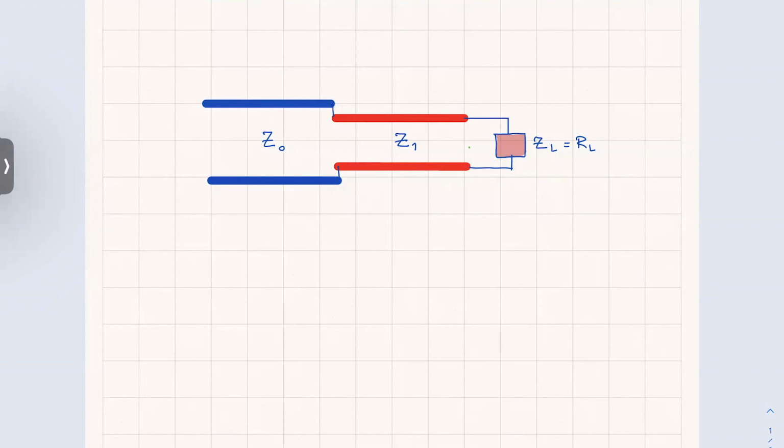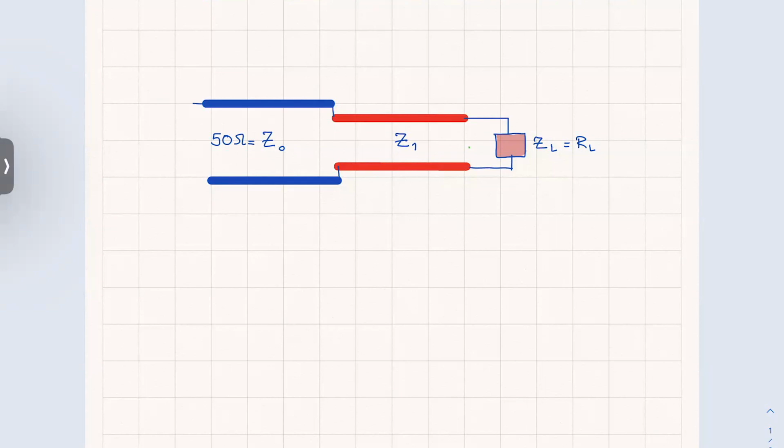So whenever you have a real load like I have here, for any value of the real load, you can prove, and I will show how to do the proof, but I will just state how to do the matching here. You place in between your transmission line, which is the blue one, which for now has 50 ohms.